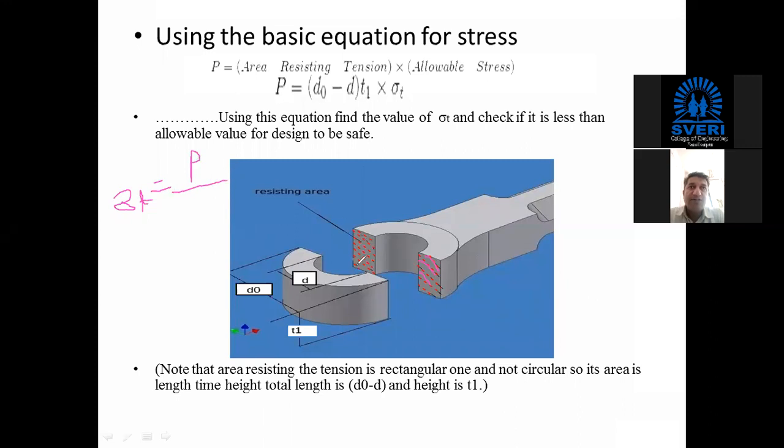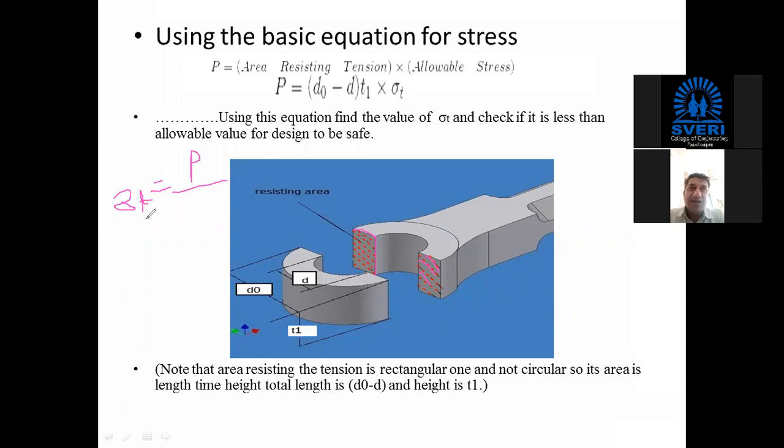Now, how can we calculate this cross-sectional area? Just this end multiplied by this end. While we are going to consider the upper side, that will be outer diameter minus inner diameter divided by 2, that we have to consider. And the thickness of that single eye is T1.